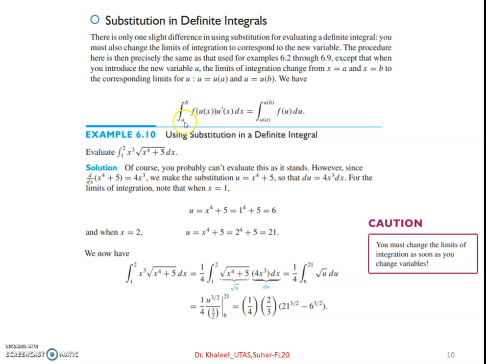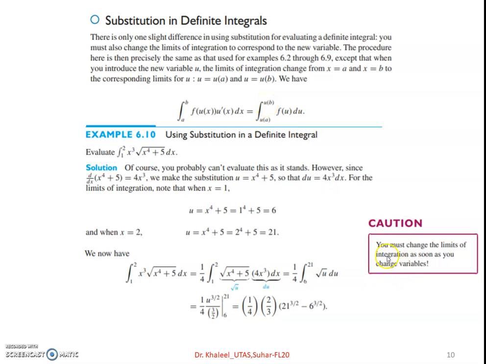The moment you change x dx to u du, you need to change the limits, which are the values of x, so that we find the values of u. How to find these values of u from the values of a and b? Whatever substitution you are using, in that substitution you put x equal to a to find the lower limit, and x equal to b to find the upper limit.